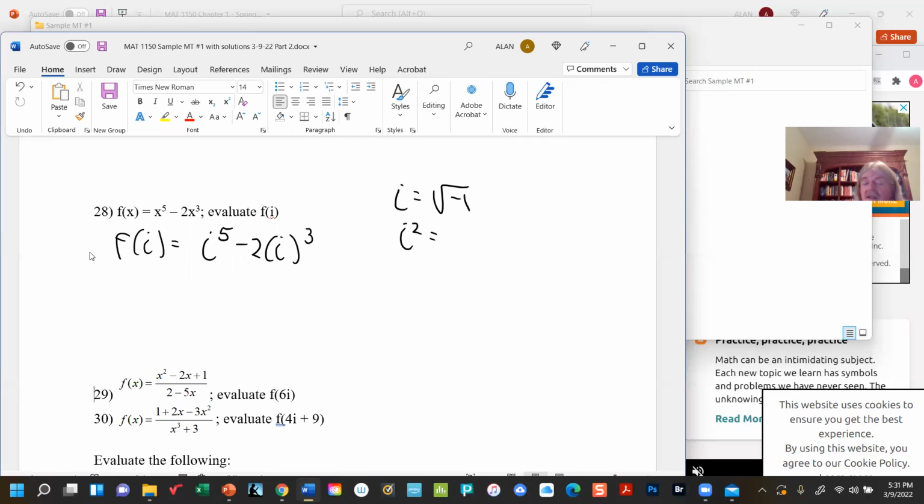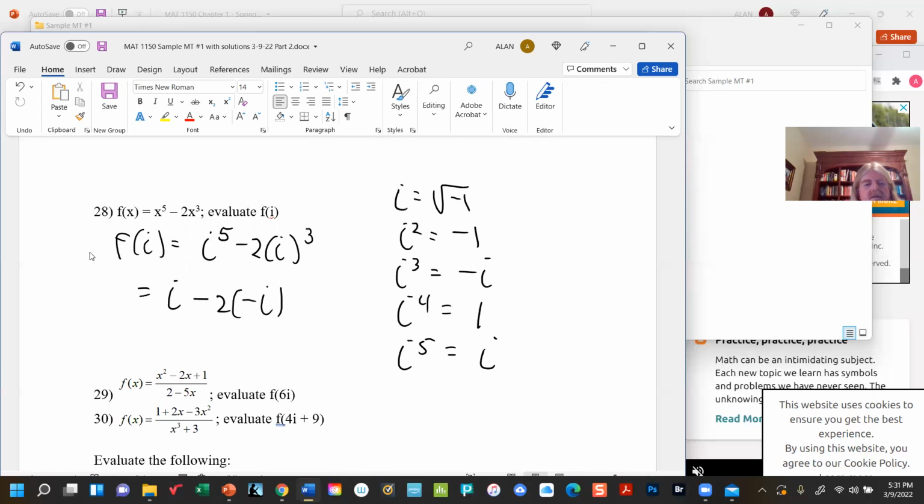So i squared is -1. i cubed is -i. i to the 4th would therefore be 1. And i to the 5th would just be i. So you just end up with i minus 2 times -i. So when you're finally done, you're just going to wind up with 3i.